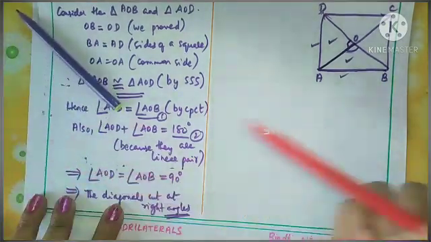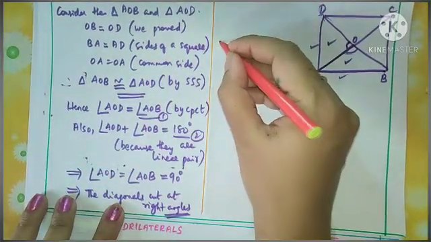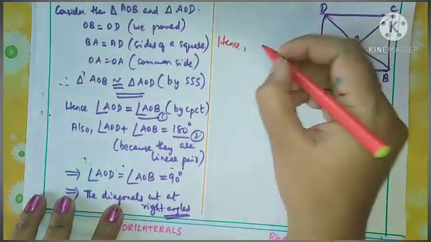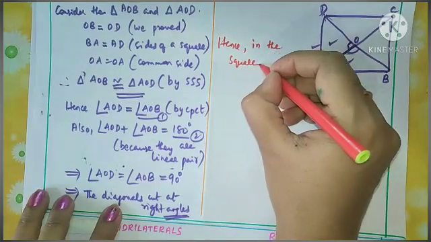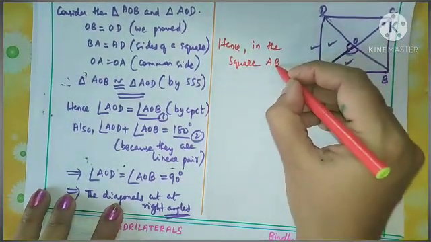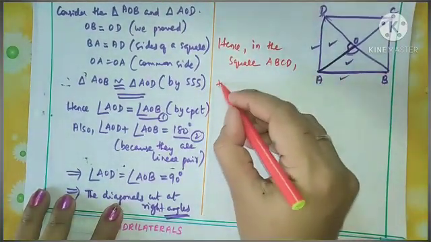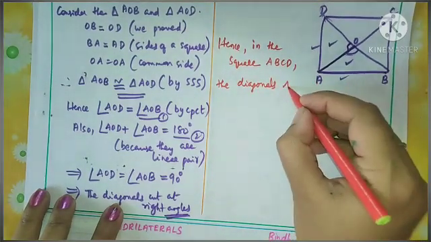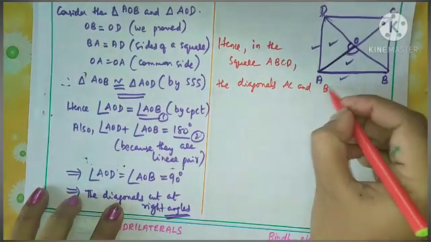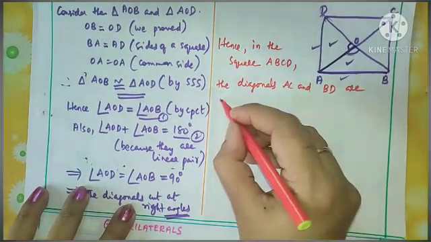So altogether what can you say in the last? Hence in the square, what is the square given? ABCD, the diagonals, so this is the final answer: the diagonals AC and BD are equal.